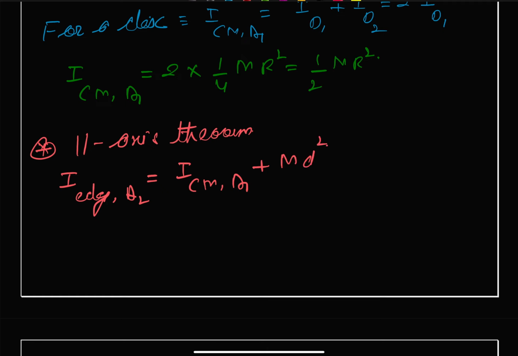Here d will be equal to the radius, so we get 1 by 2 mr square plus mr square.